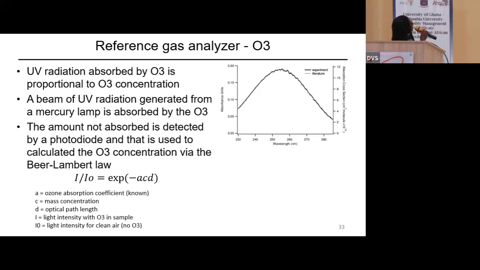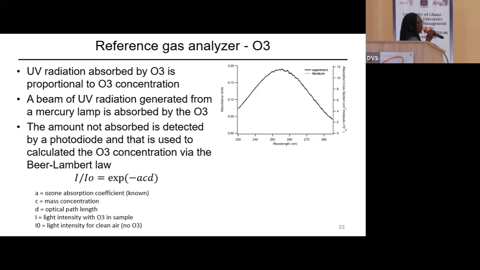So in this case, for ozone, the UV radiation that is absorbed by ozone is proportional to the ozone concentration, so it is easy to measure. A beam of UV radiation generated from a mercury lamp is absorbed by ozone. The amount that is not absorbed is detected by the photodiode, and that is used to calculate the ozone concentration.